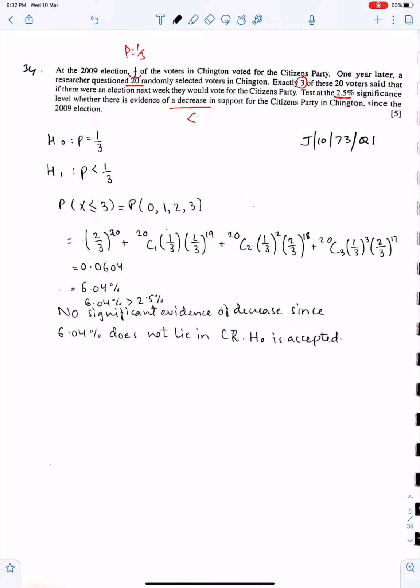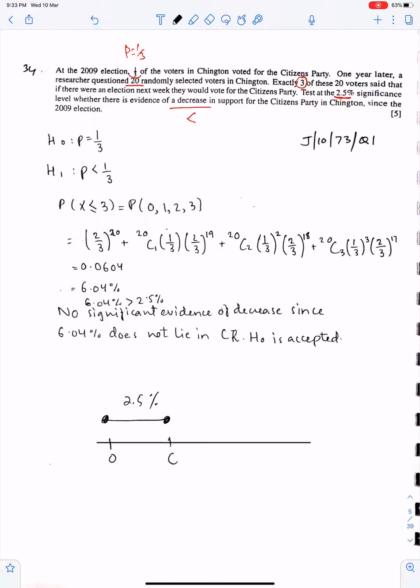And the critical region is here, and this probability is 2.5%.